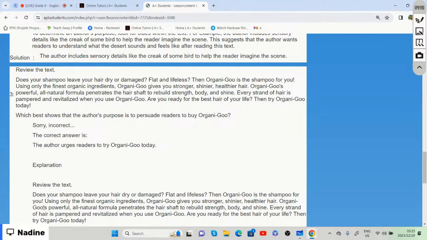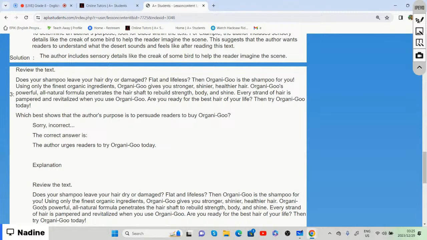So your shampoo leaving your hair dry or damaged, which means that if I'm somebody who experiences either dry or damaged hair, then I would definitely buy it. If I sometimes feel my hair is flat and lifeless, then I would buy it. So it's basically describing it in manners in which it is persuading the readers to buy the specific product, which is called Organic Goo.